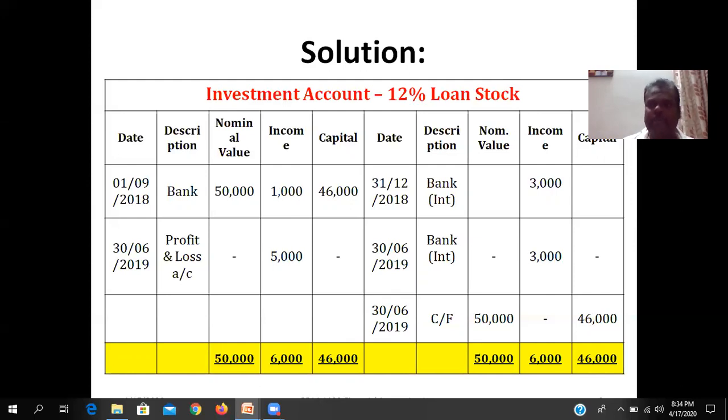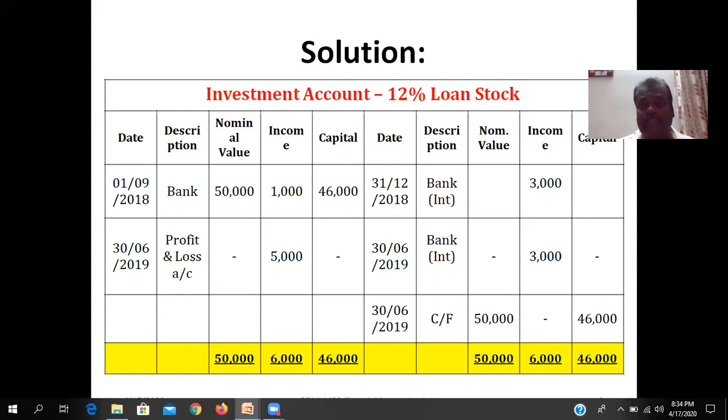You know that interest is payable half yearly on 30th June and 31st December. So the last interest was calculated on 30th June 2018. From 30th June to 1st September, we have to see how many months. August and September, only 2 months. For the 2 months, interest should be calculated.